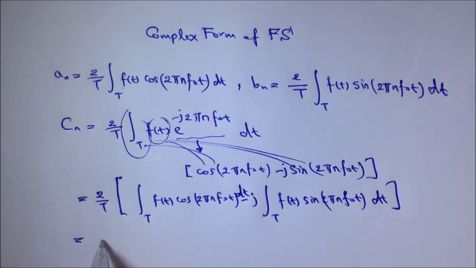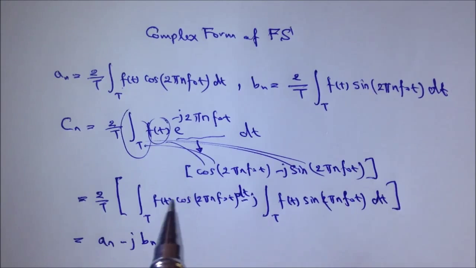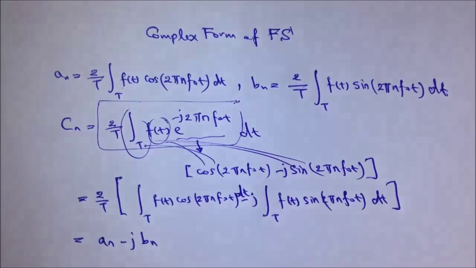We can see that this equals a sub n minus j b sub n. So we have got a sub n and b sub n just by evaluating a single integral.